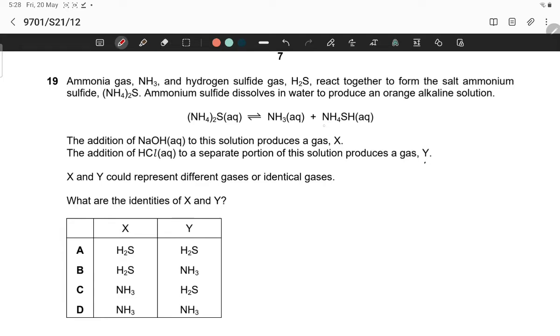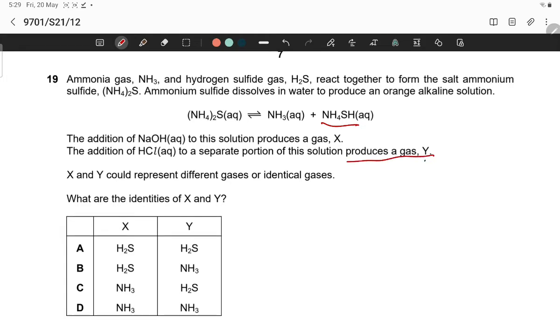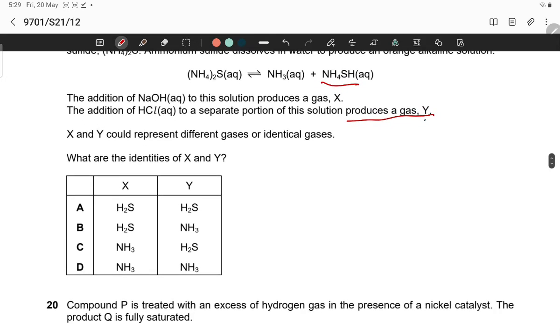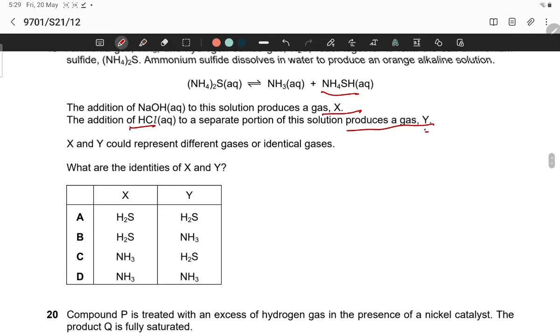The addition of NaOH to this solution produces a gas X. The addition of HCl to a separate portion of this solution produces a gas Y. X and Y could represent different gases or identical gases.